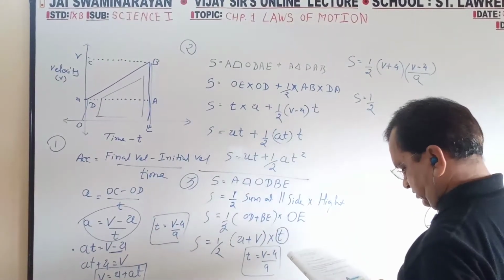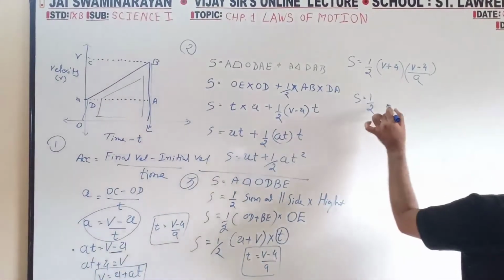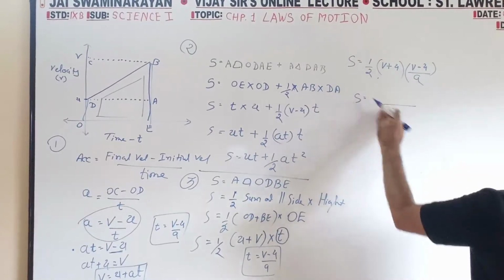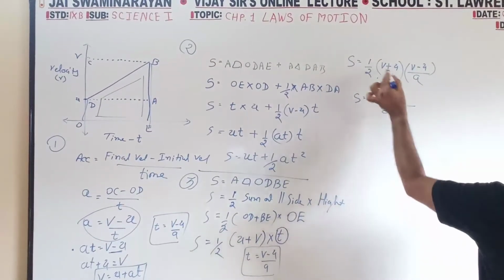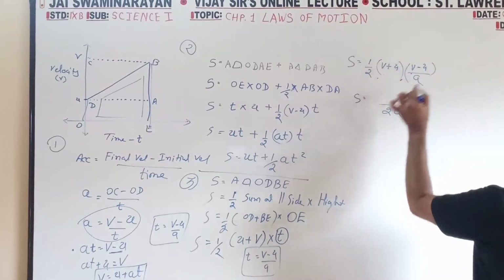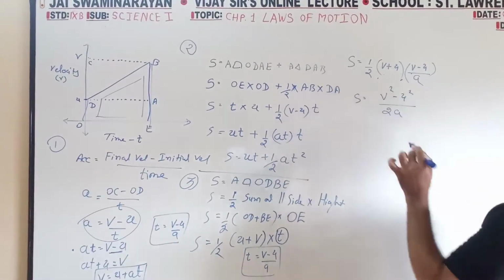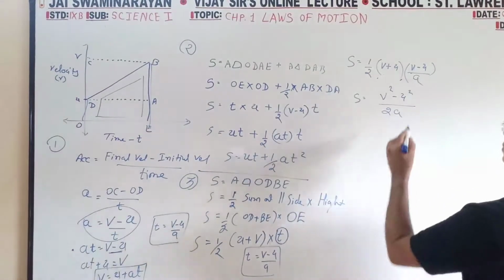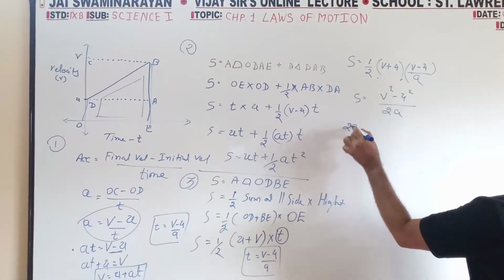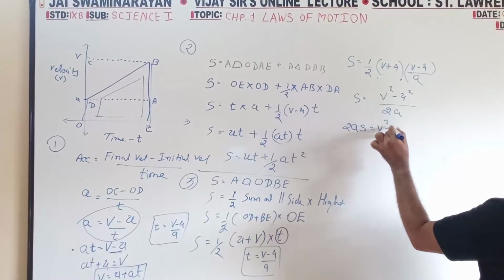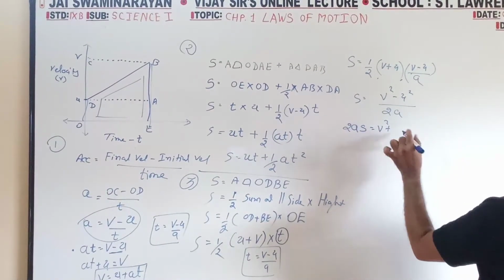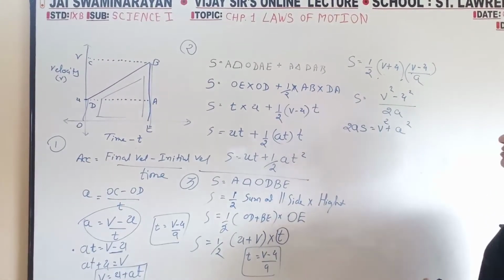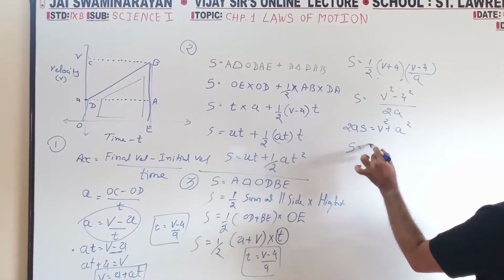Correct? So this is 2A directly. A plus B into A minus B is equal to A square minus B square, so V square minus U square. Cross multiplying, 2AS is equal to V square minus U square.